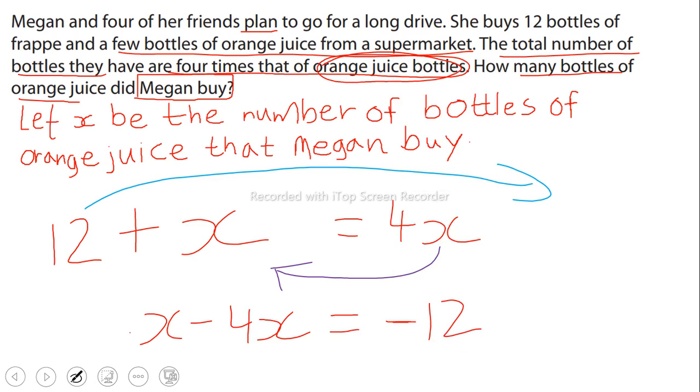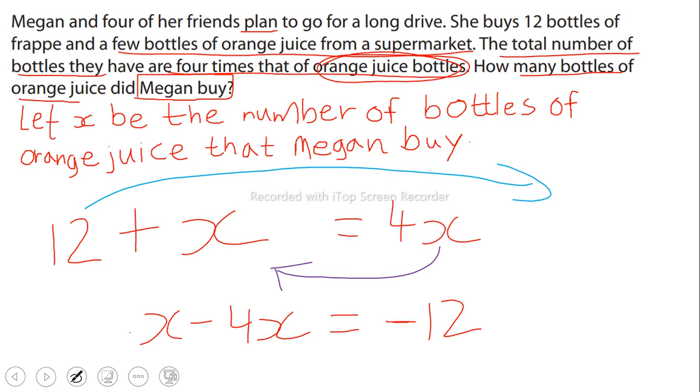Any questions for me before we move on? Why do you have to send over the 4x? Because we want x's on one side.